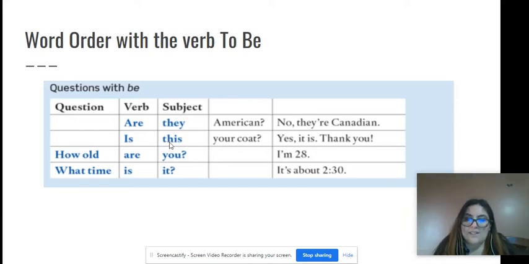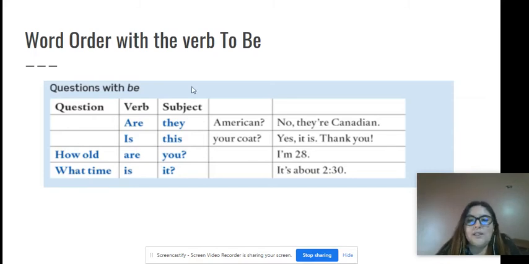Is this your coat? So the possible answers for those questions are no or yes. While if you need to get more specific information, you can add a WH word. For example, we have here how old or what time. You can use where, you can use what.